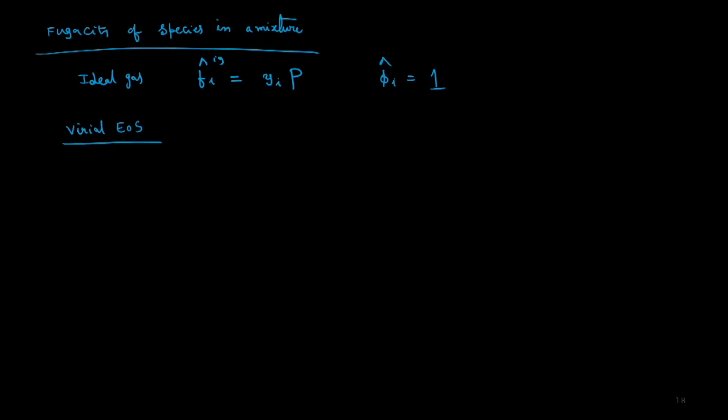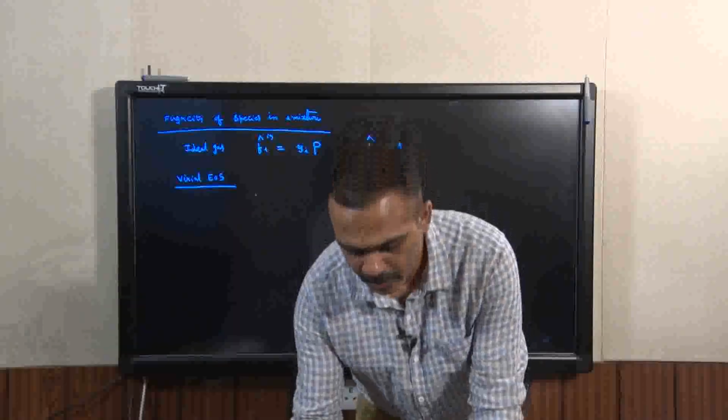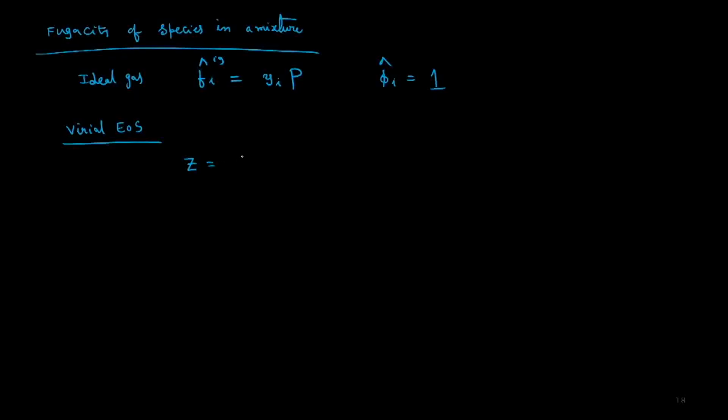The first thing we need to answer is how we can write virial equation of state for a mixture. Virial equation of state using only the second virial coefficient is written as Z is 1 plus BP over RT. This was for a pure species.